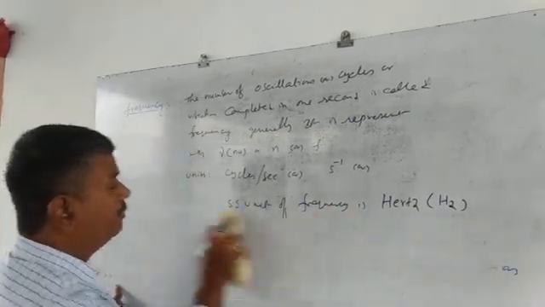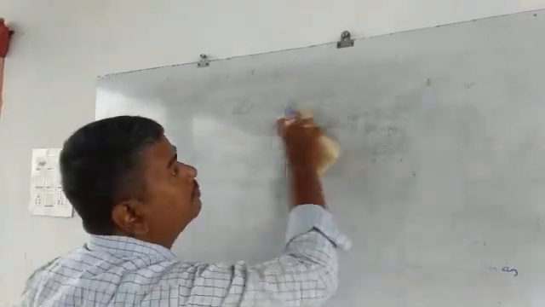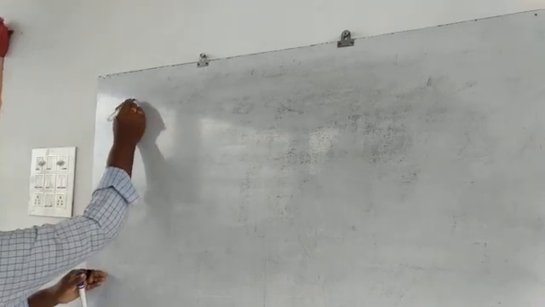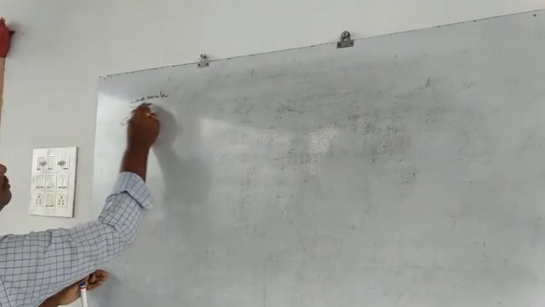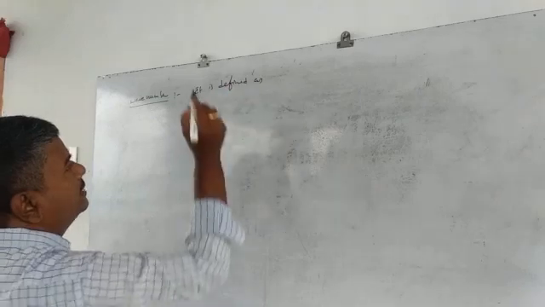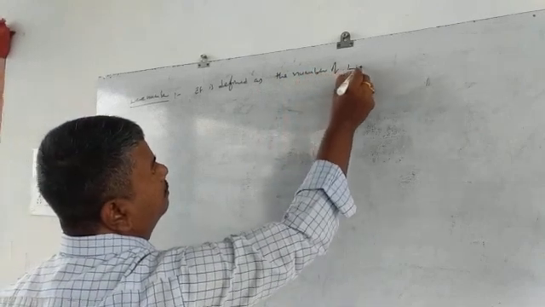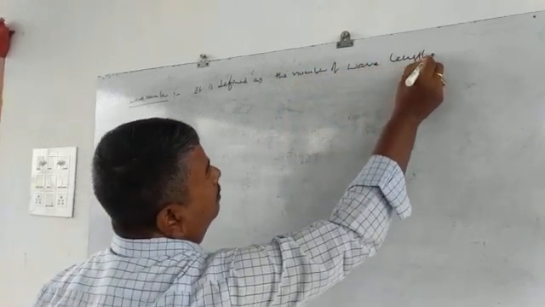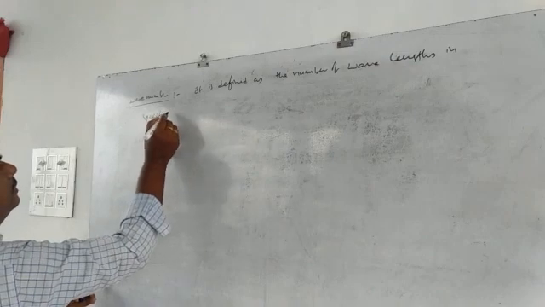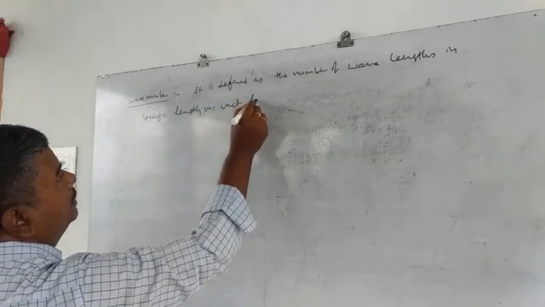Now wavelength is over. Wave number. It is defined as the number of wavelengths in a specific length or unit length.